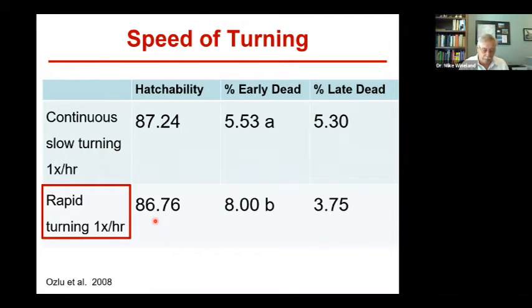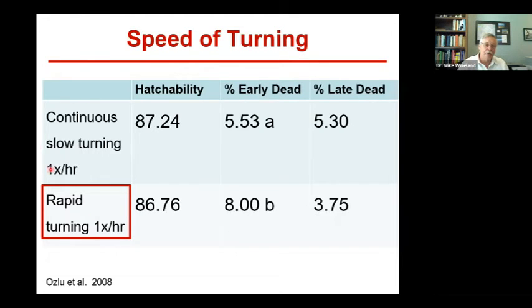In this trial, from this person, what they looked at was how fast the eggs should be turning. Rapid turning, one time per hour, is the typical turning that we observe in our incubators now, where they go from 45 degrees from vertical to the other 45 degrees from vertical in a relatively short period of time.